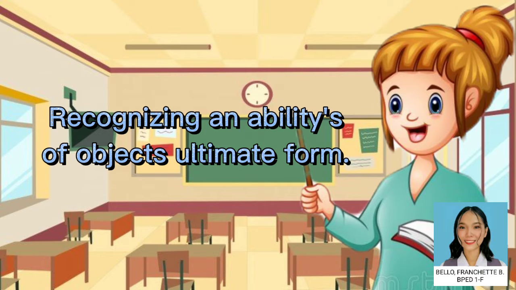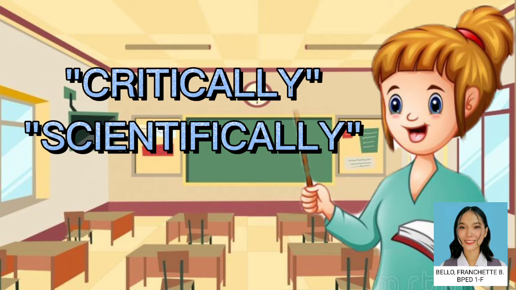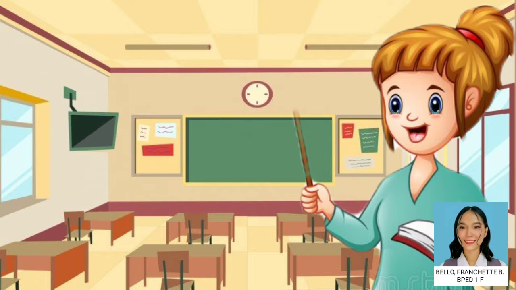Recognizing the abilities of an object's ultimate form, this perspective is manifested in the classroom situations through delivery of lessons critically and scientifically. As a teacher, we demonstrate our activities and recitations for having interactions with our students.